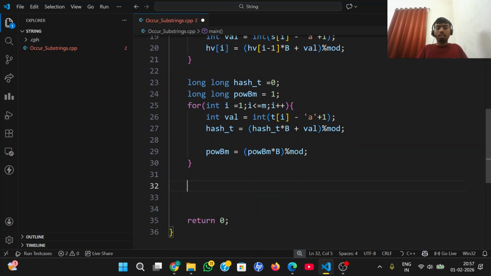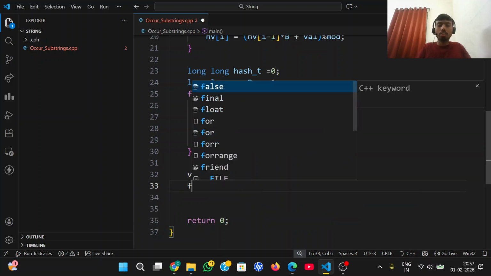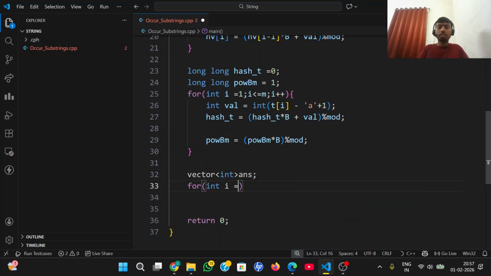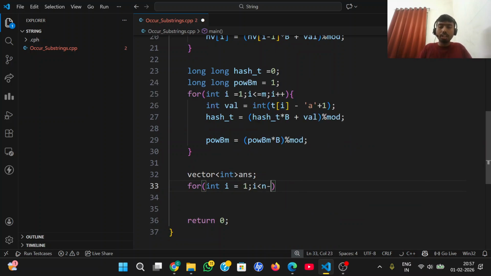Now the int answer vector. Okay, now let's iterate over each substring from 1 to n minus m, plus plus.